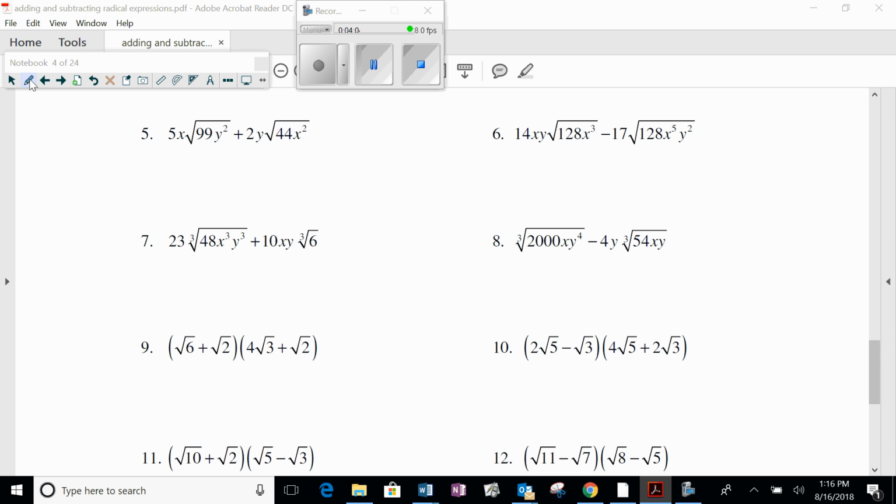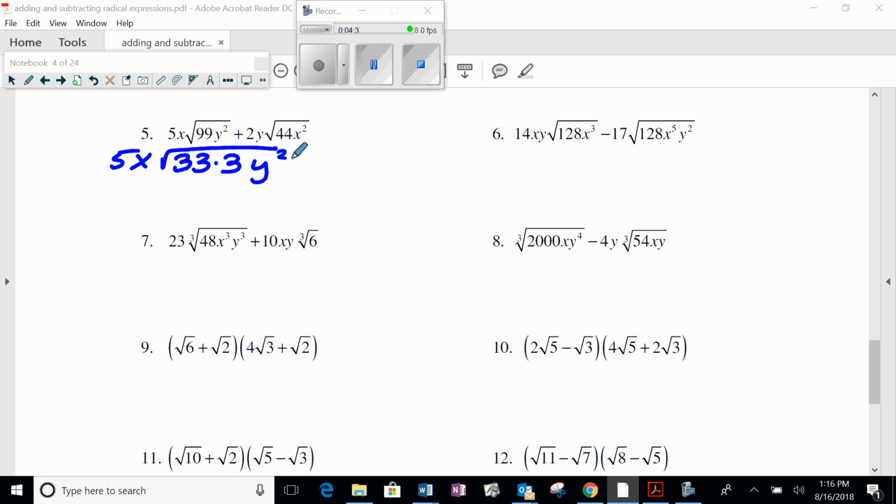Okay, so I have 5x square root of 99y squared plus 2y square root of 44x squared. So we need to first simplify the first radical. I'm going to write my 5x, and I'm going to break up 99 into 33 times 3, and you could use a 9 and 11, that's fine. 9 is a perfect square though, so we can use it.